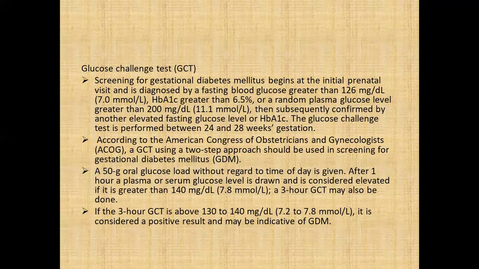The first is the first visit, when the random glucose level is more than 200. You are asked to come back between 24 and 28 weeks. You come back, we do the 1 hour, and if your glucose level is more than 140, you continue with the 3 hours.